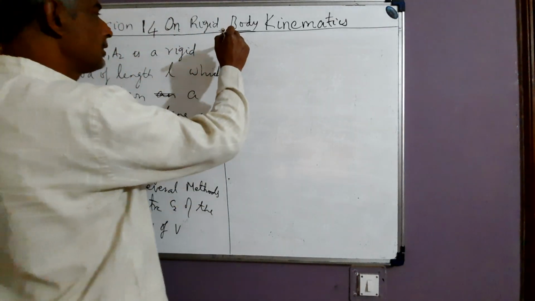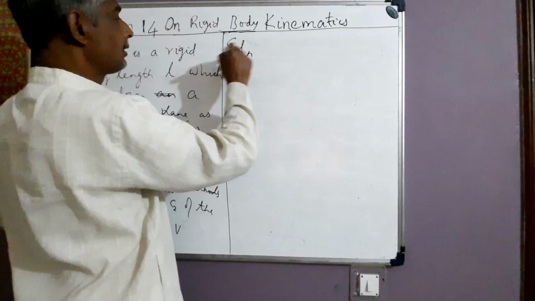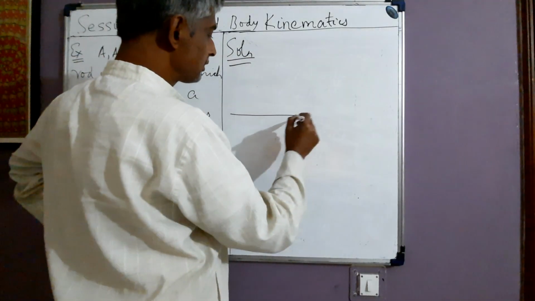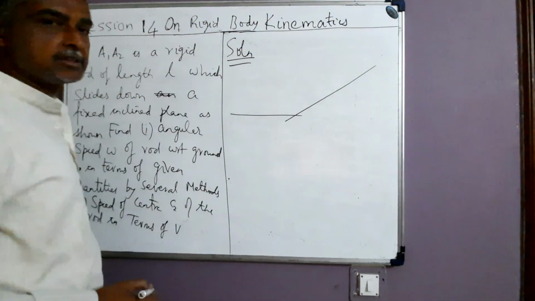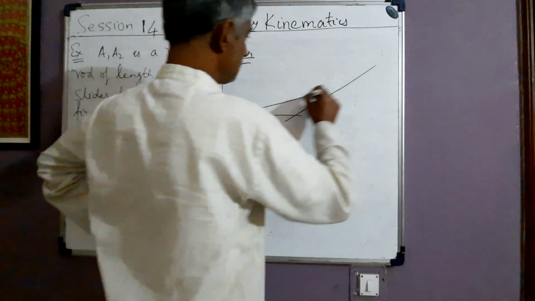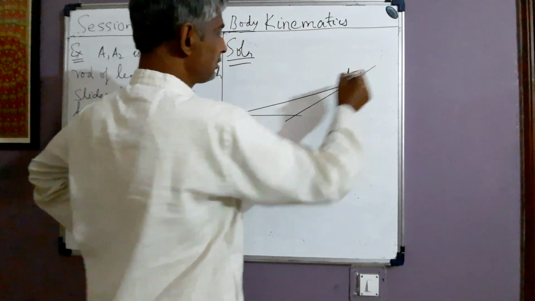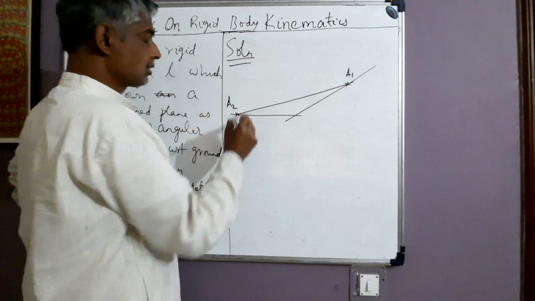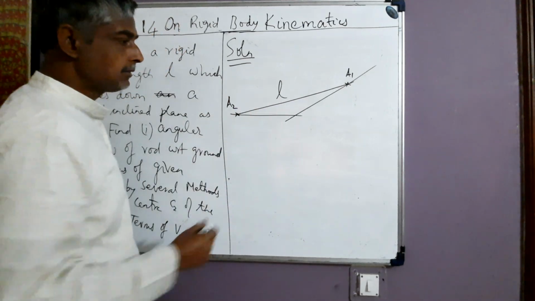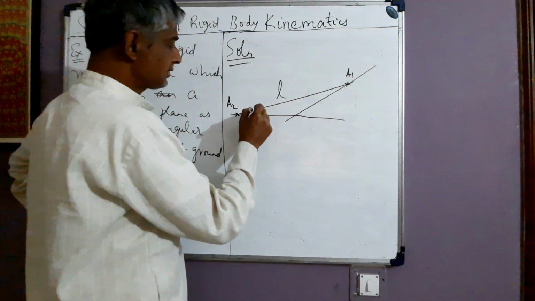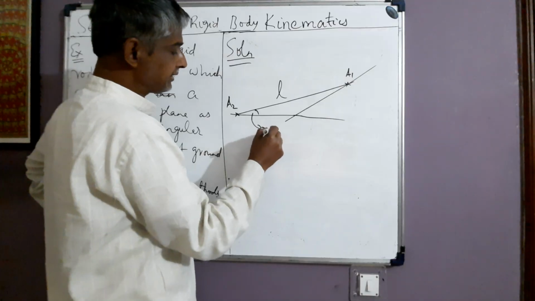So I draw the diagram here. This is the horizontal ground. This is the fixed inclined plane. This is the rod. This is point A1 of the rod. This is point A2 of the rod. Length of the rod is L. This angle is given to be 30 degree at the given instant.